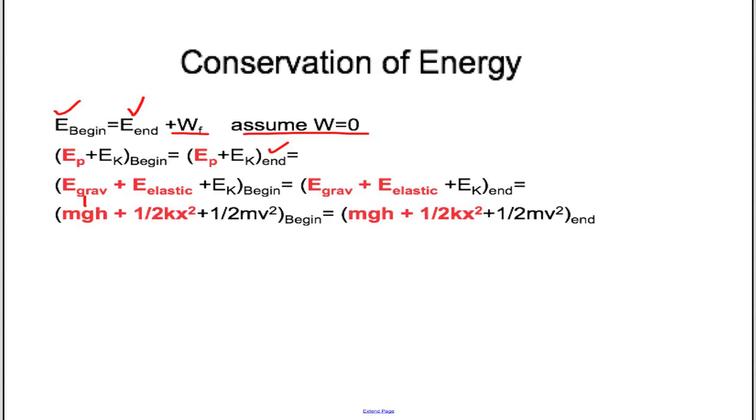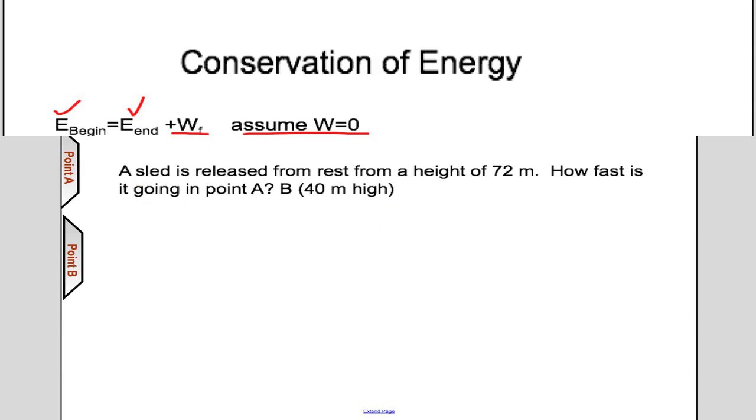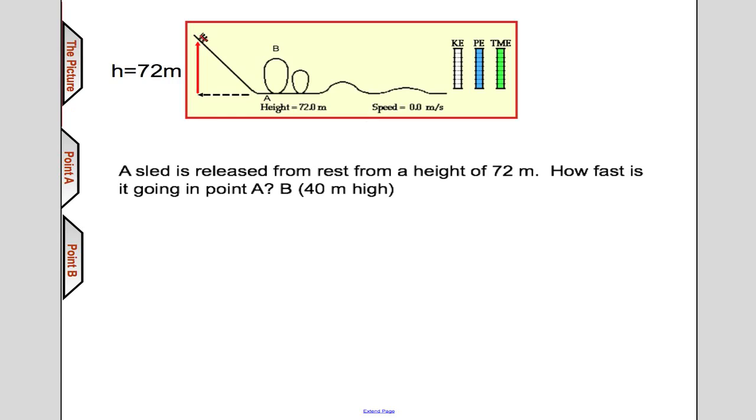The first and simplest example is if we drop the sled from a height of 72 meters, how fast will it be going when it gets to point A at the bottom here, and then later on point B? So we're going to let the total energy at the top, which is mgh, equal the total energy at the bottom, which is 1/2 mv squared.